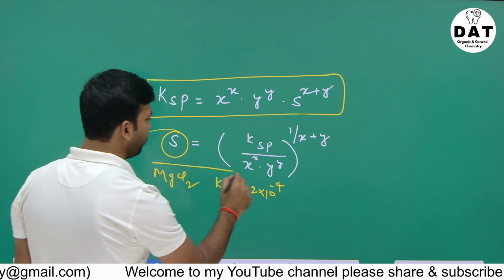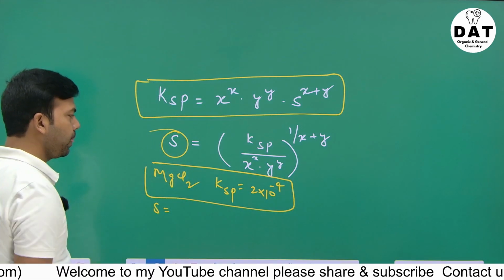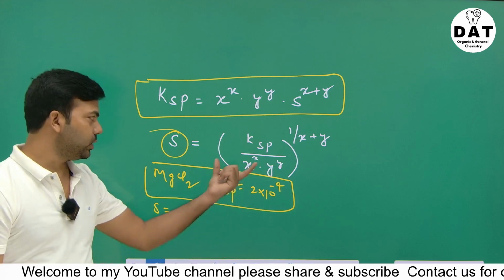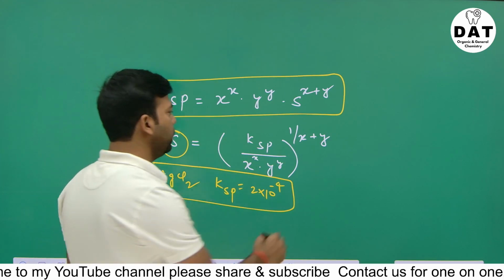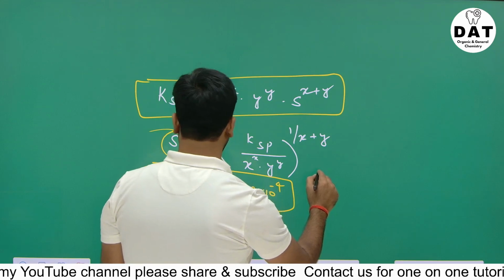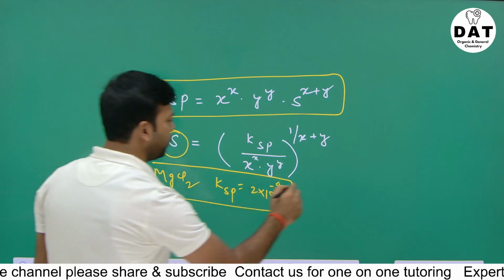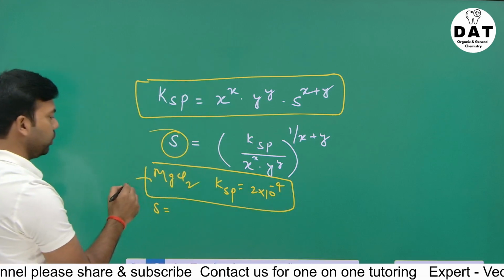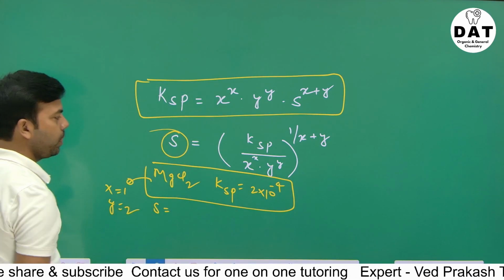This is given, and my question is, what is solubility? So the simple thing is to just use this formula. KSP value is given. Look here, for MgCl2, x is 1 and y is 2.